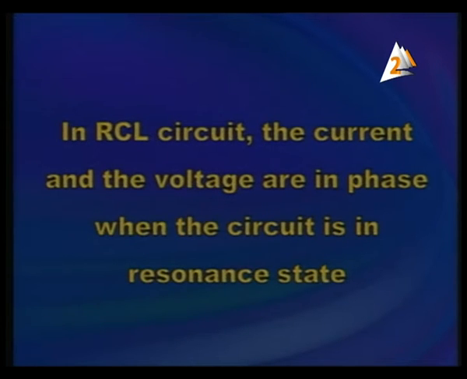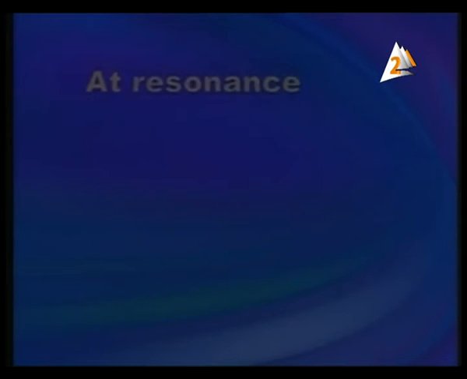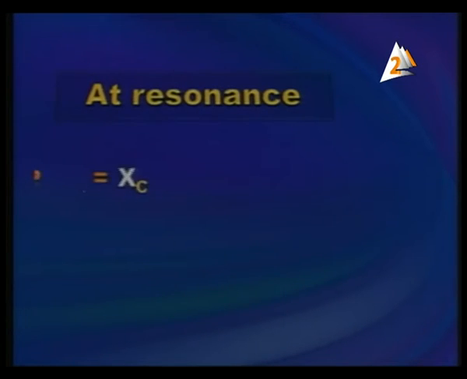In an RCL circuit, a circuit that contains an inductor, capacitor, and ohmic resistor, the current and the voltage are in phase when the circuit is in resonance state. At resonance, what happens? Inductive reactance equals capacitive reactance.